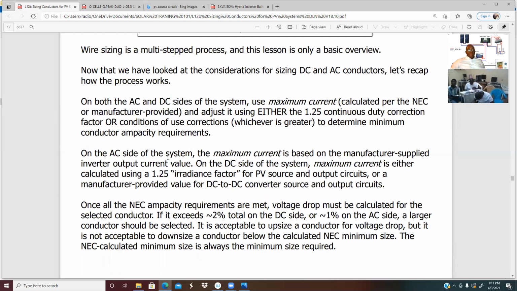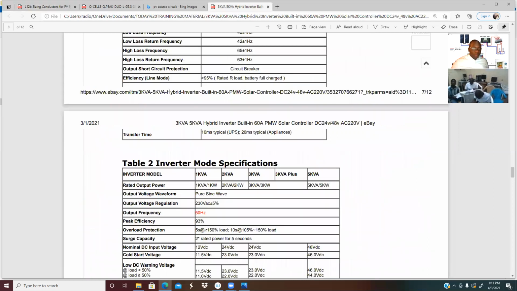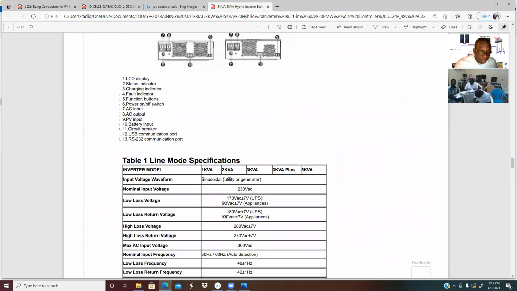On the AC side of the system, the maximum current is based on the manufacturer's supplied inverter output current value. Let me see what the output current for this inverter is.